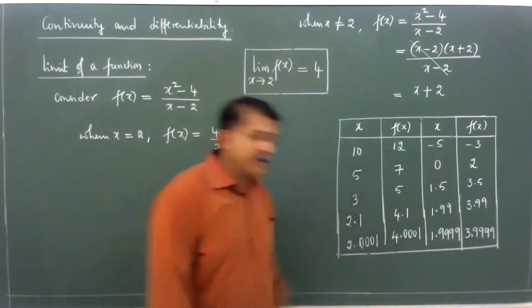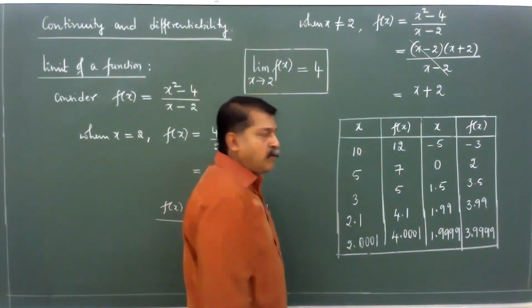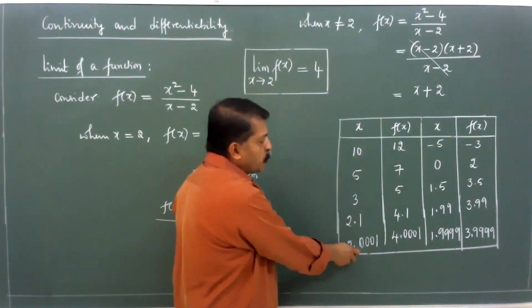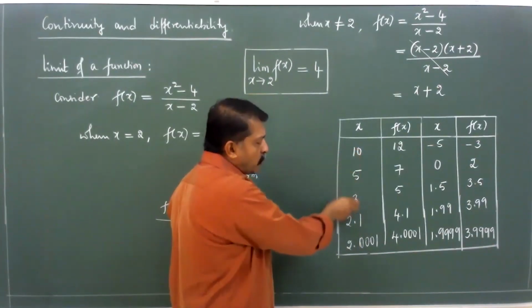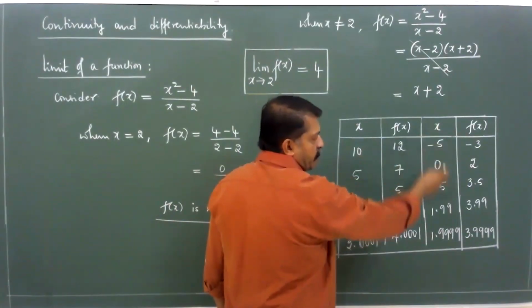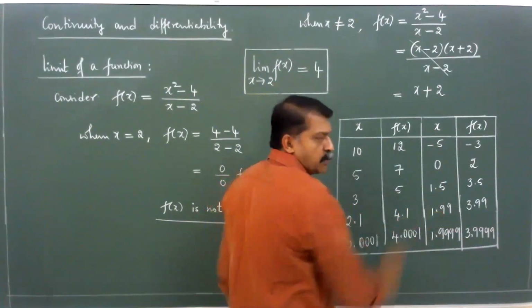In the table, what is the observation? In the first case, we have given values of x. X values are approaching 2 through the values which are more than 2. In the second case, values of x are approaching 2 through the values which are lesser than 2.